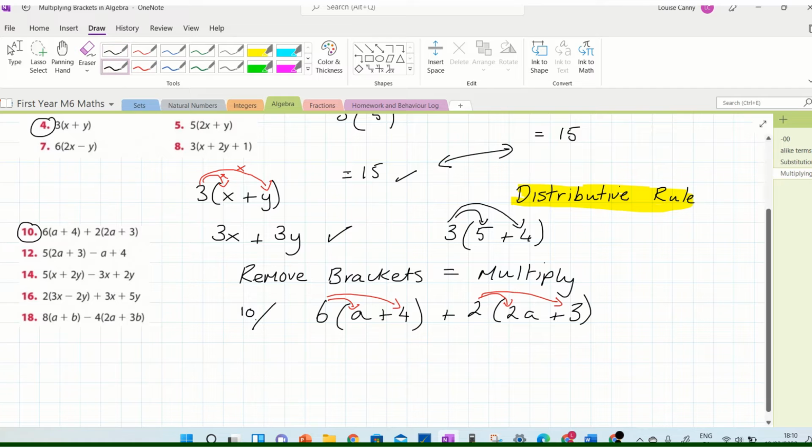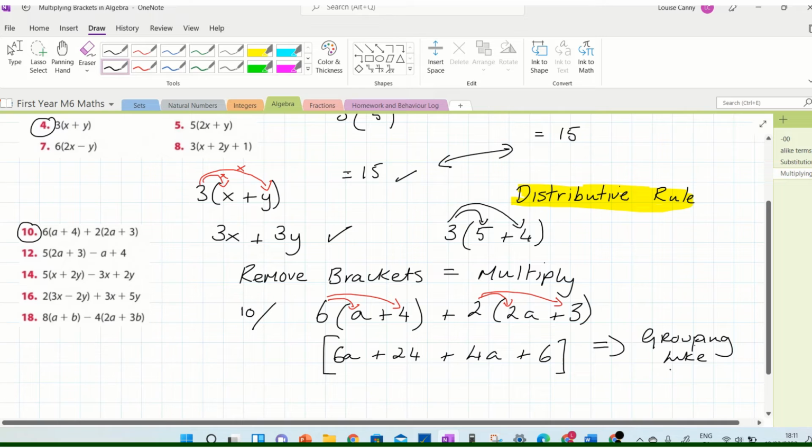So on my next line, I'm going to get 6 multiplied by a is 6a, 6 multiplied by 4 is 24. Plus 2 multiplied by 2a is 4a, and 2 multiplied by 3 is 6. So I'm nearly done, but I'm not completely done, because I notice that I can simplify this further by grouping like terms.